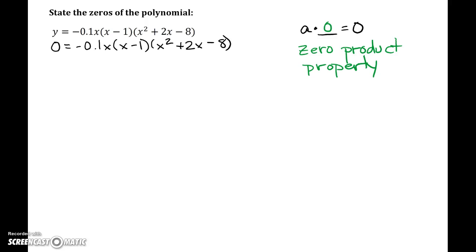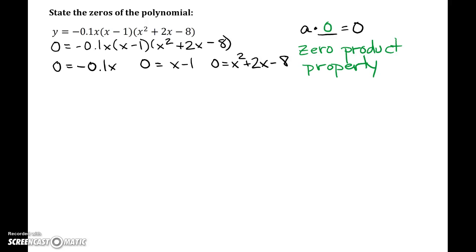So we're actually going to end up with 3 little equations. We can say that 0 equals negative 0.1x. We can also say that 0 equals x minus 1. And we can say that 0 equals x squared plus 2x minus 8.